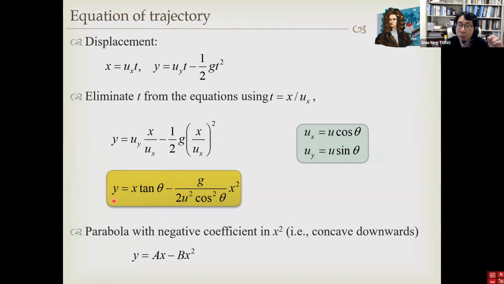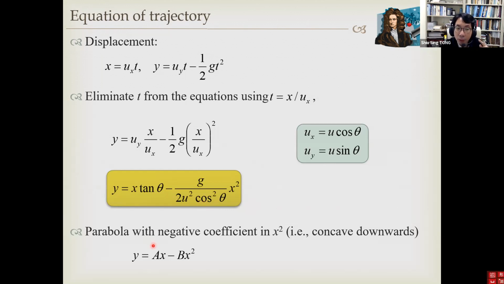It is the relation between the horizontal position and the vertical position. So it relates x and y, and that gives you a curve in the xy space, and that is the trajectory of the particle in the projectile motion. So don't be scared by this tangent, this complicated g over u squared cosine squared theta. They are constants. The variables are x and y, and this equation describes a relationship between x and y, and so that describes a curve in the xy plane.